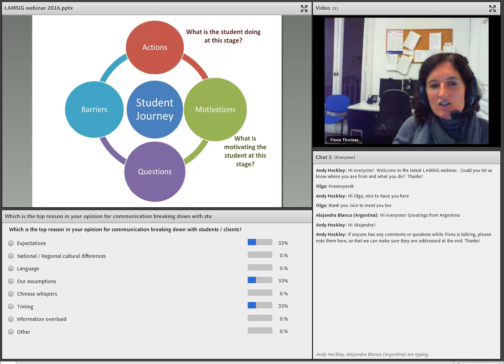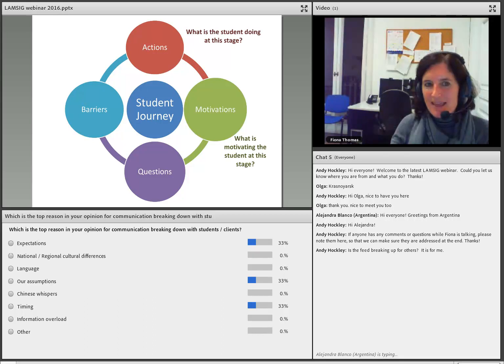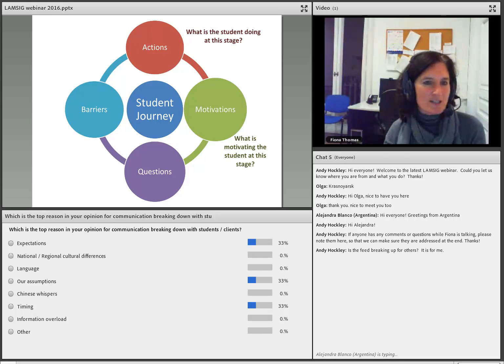And then you need to move on to motivations. So what is motivating the student or the client at this stage? Why are they doing this? Why are they looking for what the different options are around them? Does anybody want to contribute a possible reason why a student is looking for a language course?